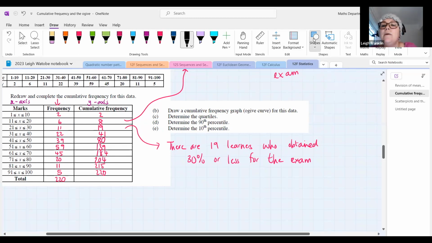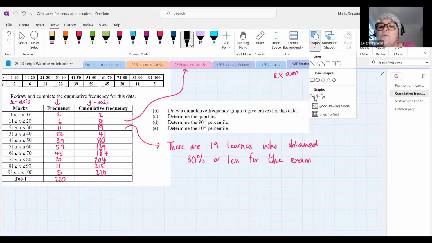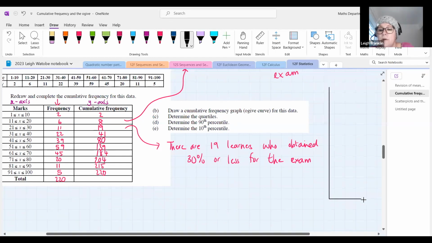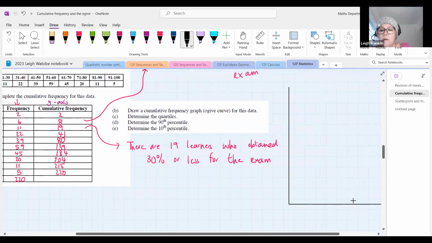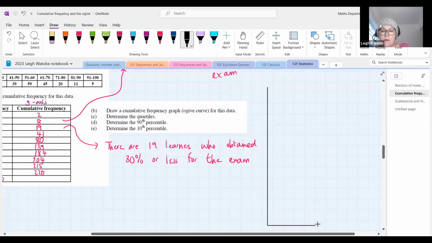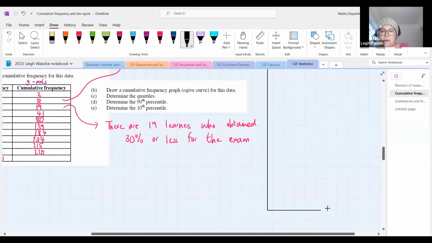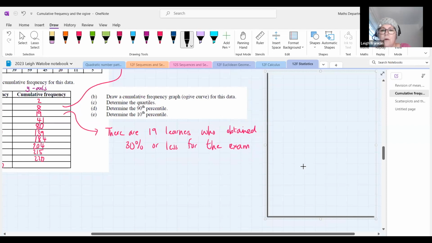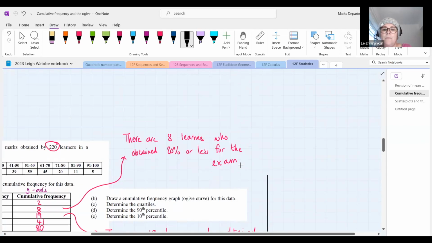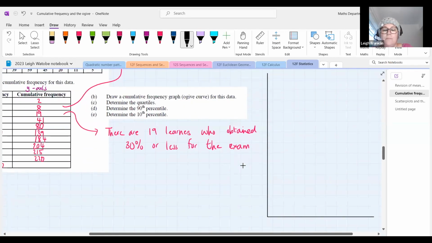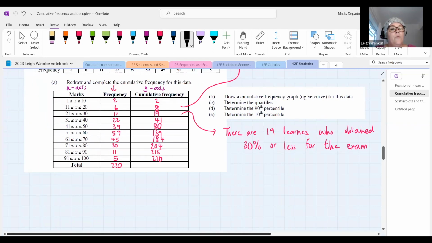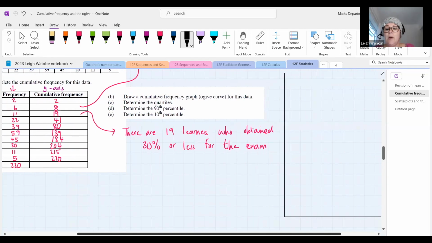Let's get black. We want to go from essentially 0 all the way to 220.